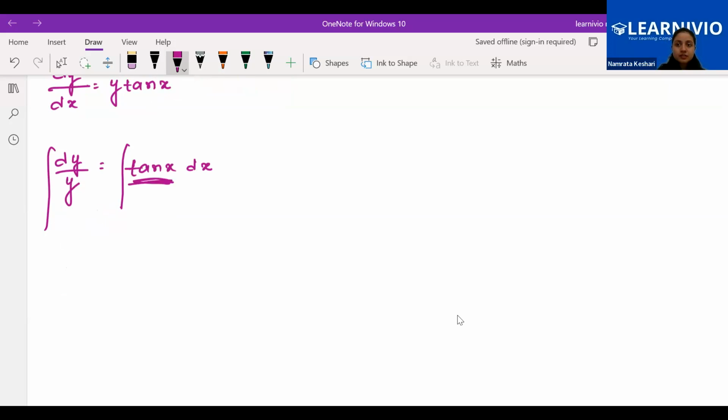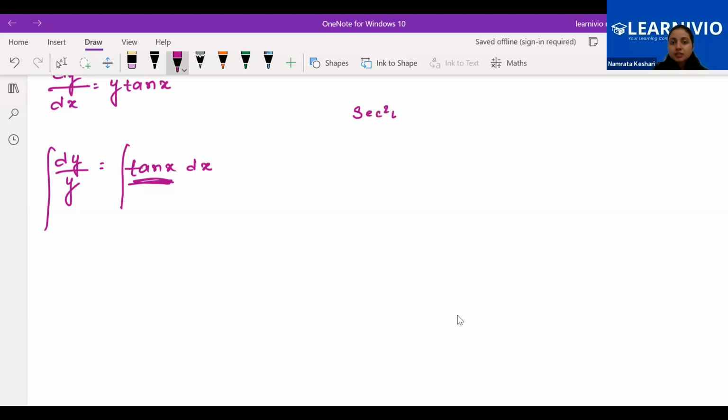Have you memorized it? Sec square x minus tan x. The formula you are talking about is sec square theta minus tan square theta is equal to 1.